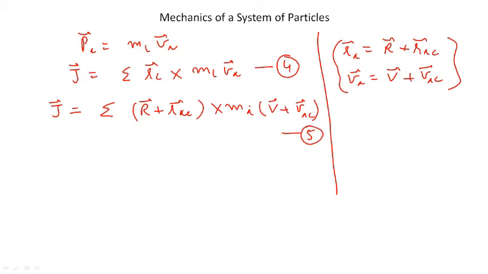Now we can write equation 5 if we multiply these terms and add.